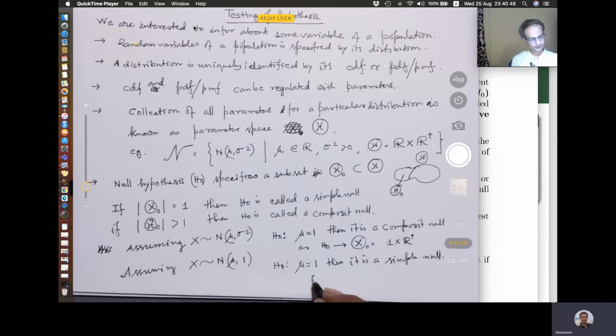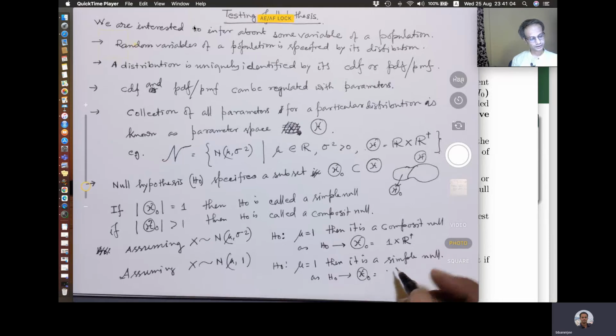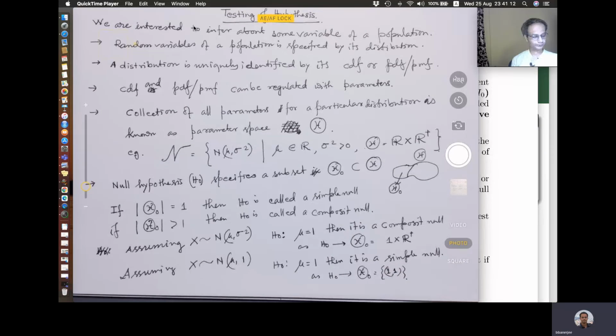Because H naught is specifying the set, it is a set, so (1, 1), which is a subset of this. So this quantity is a singleton set, and as a consequence it is simple.